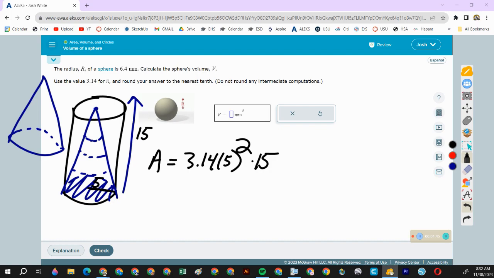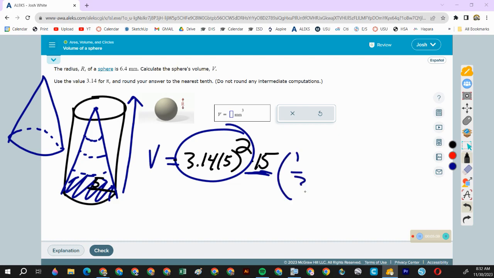So if this is the area of the base, I can multiply it by the height, and that turns into volume of the cylinder. And if I times that by 1/3, that will give me the volume of the cone inside that. As long as the cone touches there, then that is the volume.